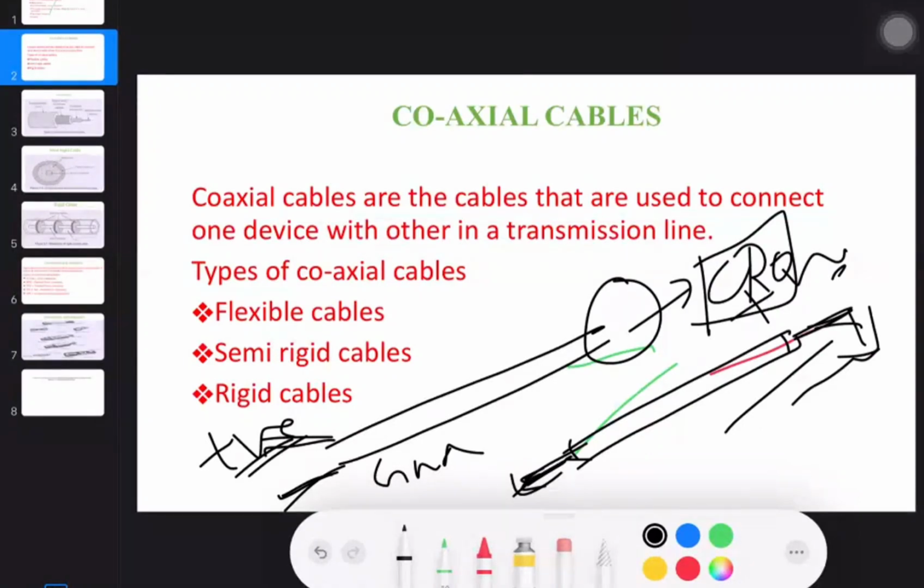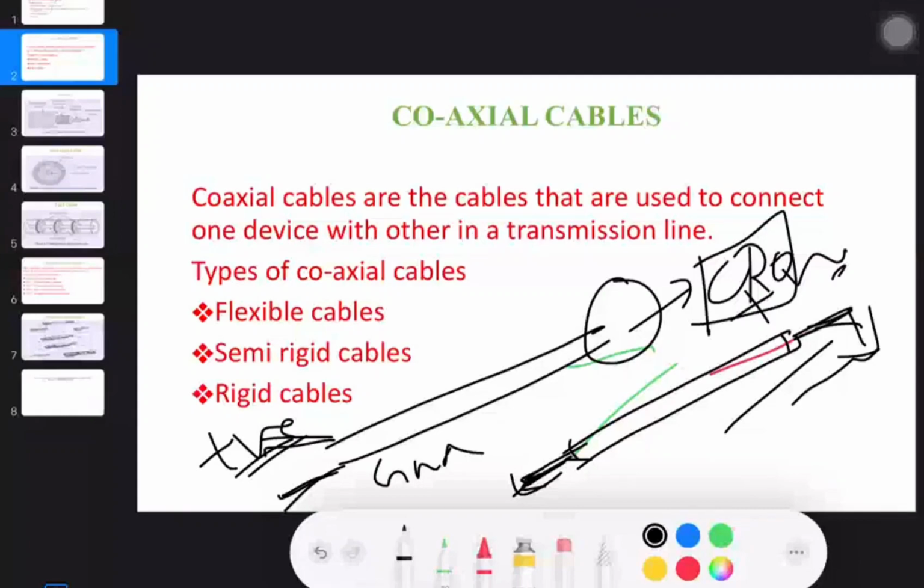So even the patch cords which you connect in your DSD lab, which you conducted in your third semester, also consist of coaxial types of cables. So that is what we mean by a coaxial cable.